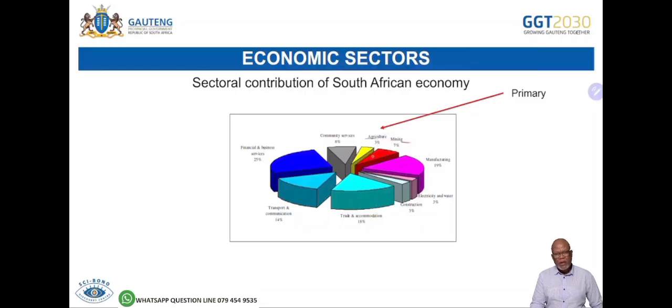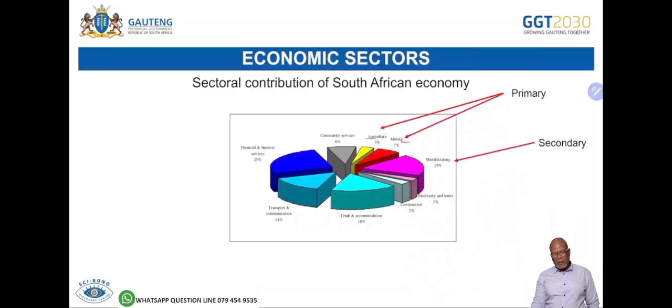So it is very important that you prepare yourself very well on this part of the syllabus, because it is the one that gives you an advantage, like we are showing here. Okay, now let's continue. Those are the two activities that you find in primary sector.